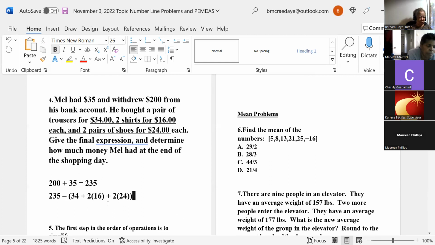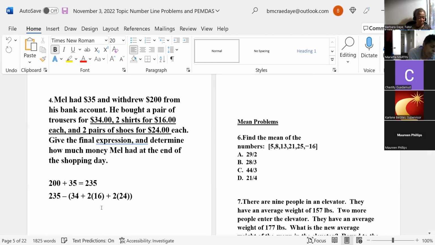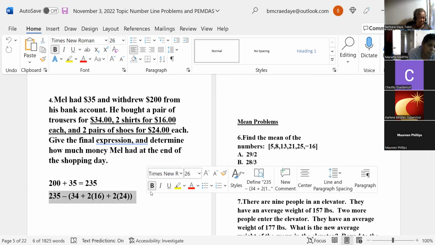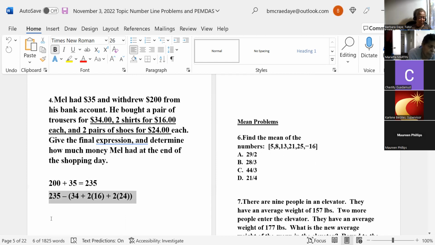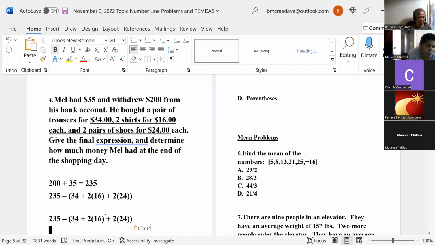So, what do you get in parentheses, Maureen? Tell me what you get when you do the multiplication and the adding. You get 2 16s, right? It's 32. Let me just copy this and put the 235. So 34, and this is 32, right? 32. Yeah.